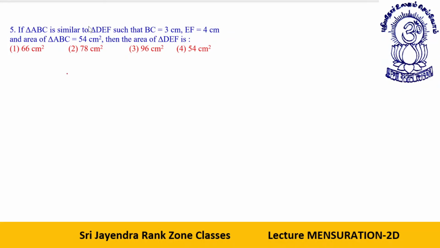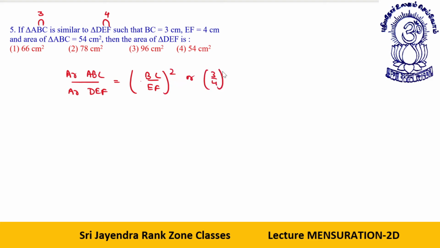If triangle ABC is similar to triangle DEF, such that BC is 3 and EF, second, third, this is 3, this is 4. So area of ABC upon area of DEF is equal to BC upon EF squared, or 3 by 4 squared.